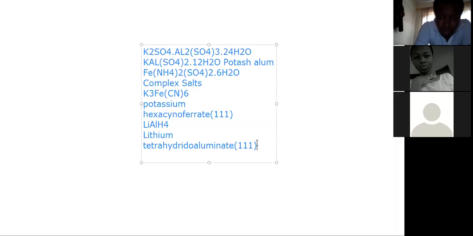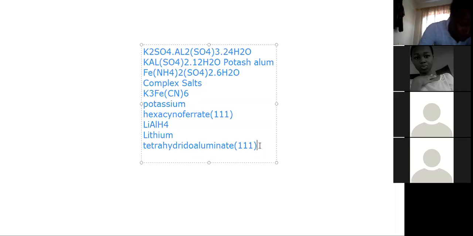Now we are done with the types of salts. We looked at the normal salts, where the replaceable hydrogen is replaced wholly by a metal cation. We looked at the acidic salt, where the replaceable hydrogen is replaced partially.